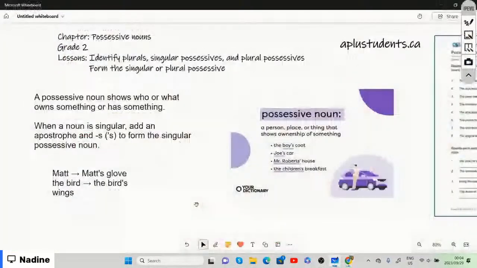All right, so when it comes to possessive nouns, a possessive noun shows who or what owns something or has something. That's a possessive noun.